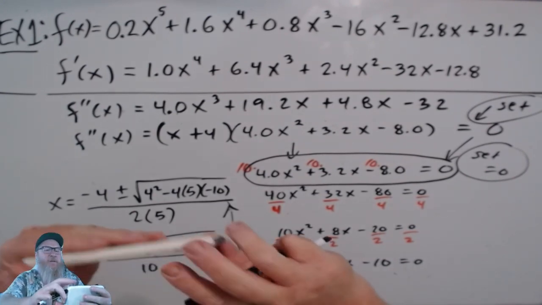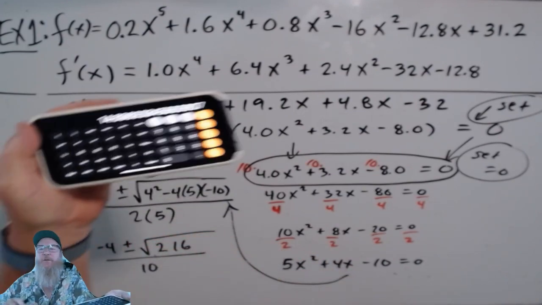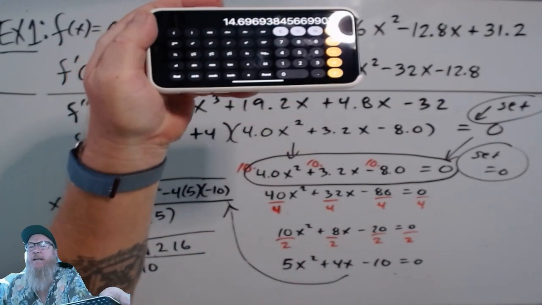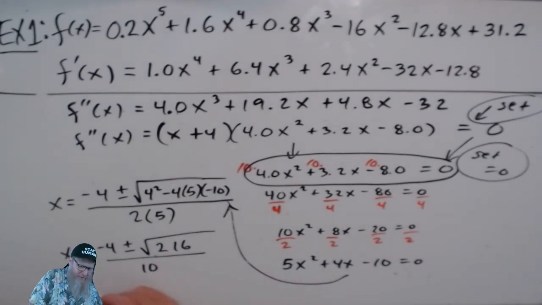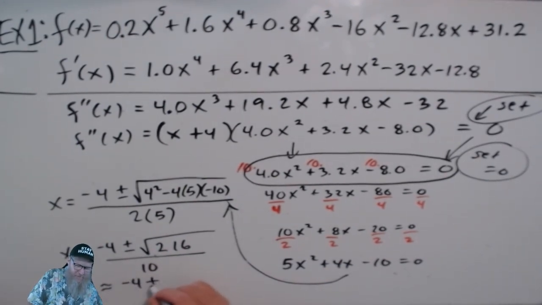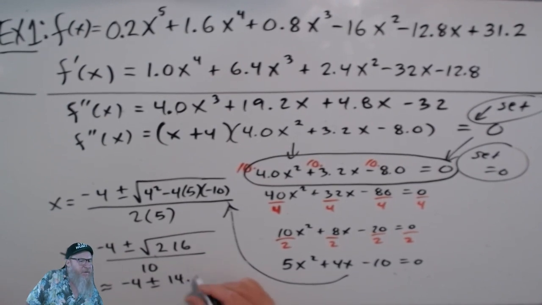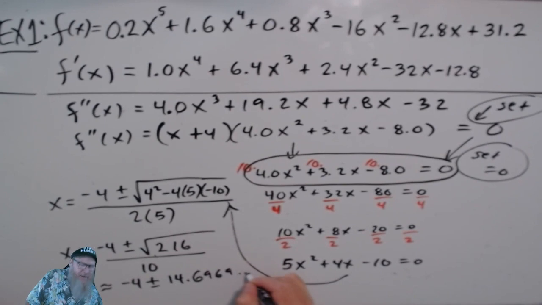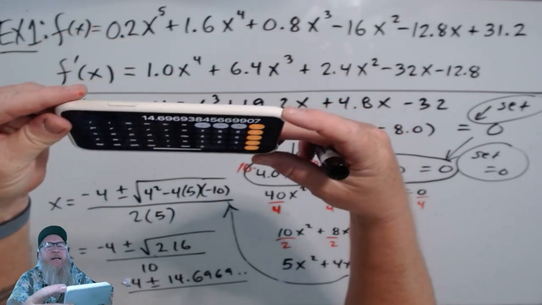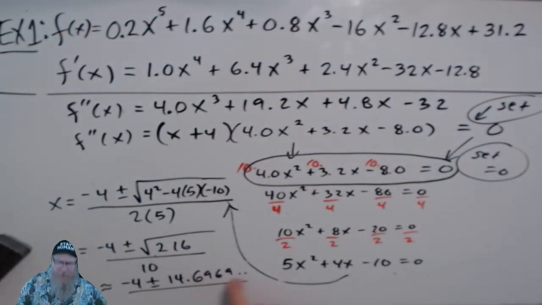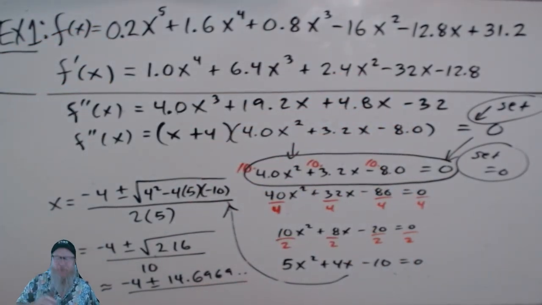So 216 square root, 14.7. I'm going to do 14.69, and I'll round it later. It's actually 14.696938, blah, blah, blah. It's always better to do a couple extra decimals and then adjust it later if necessary.